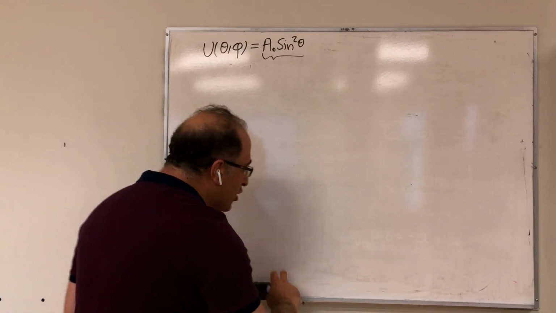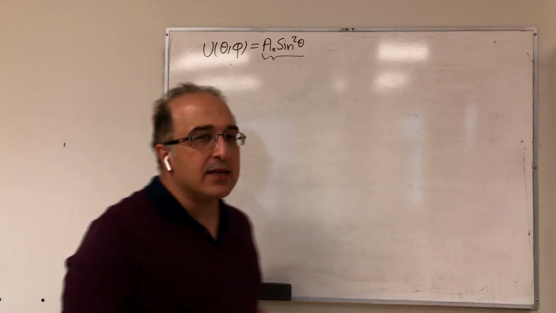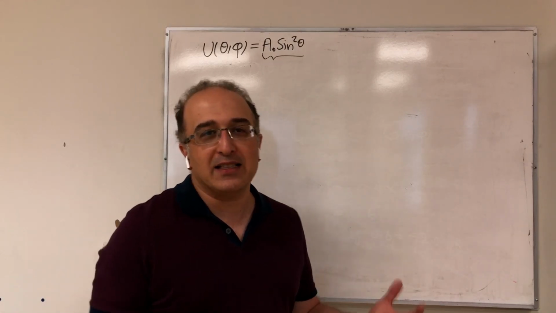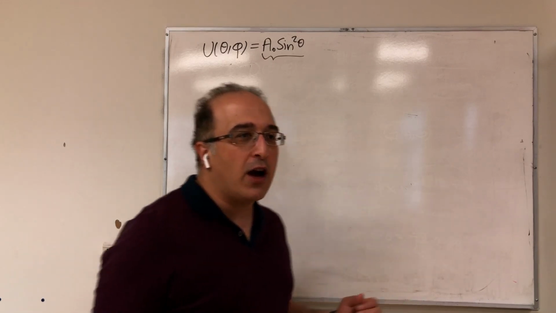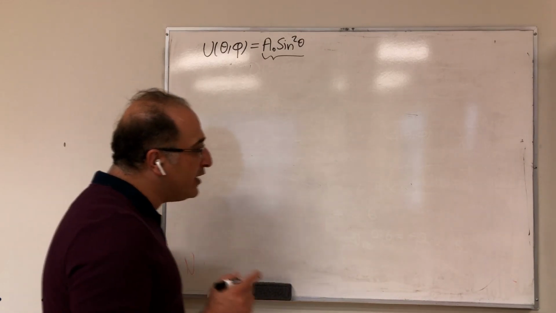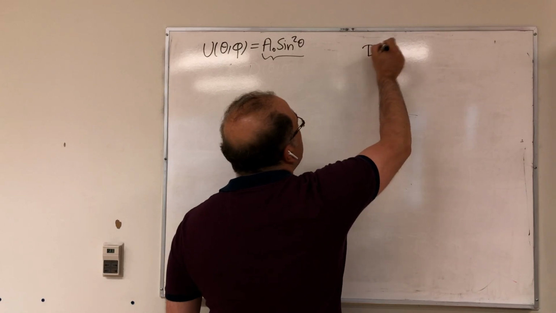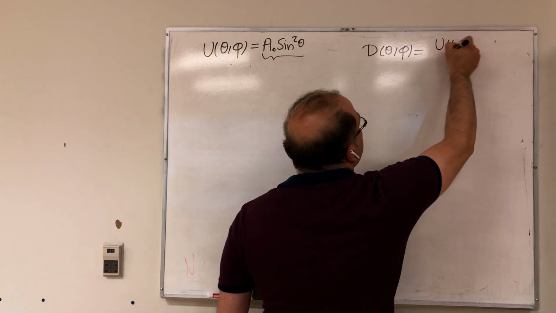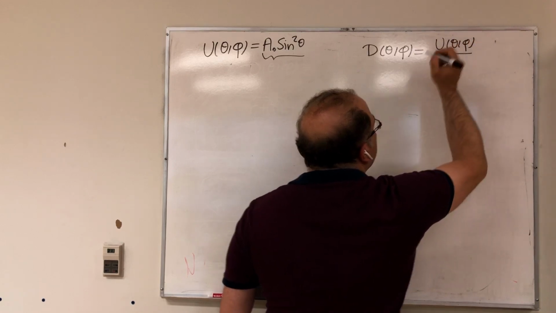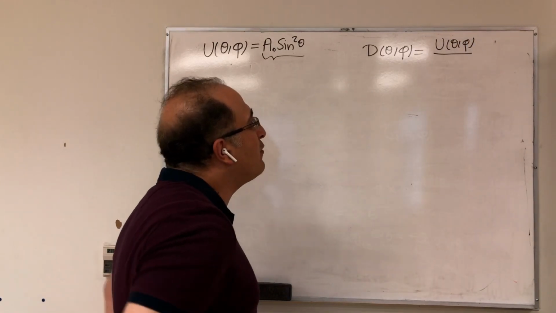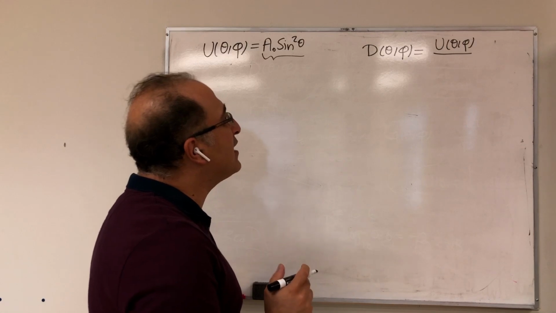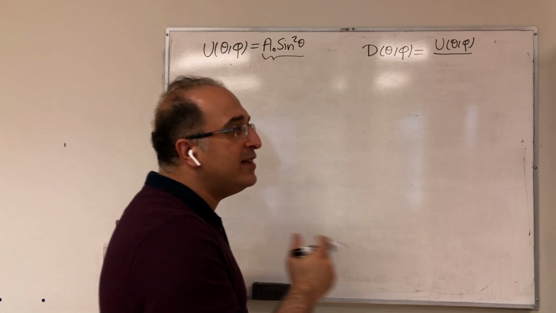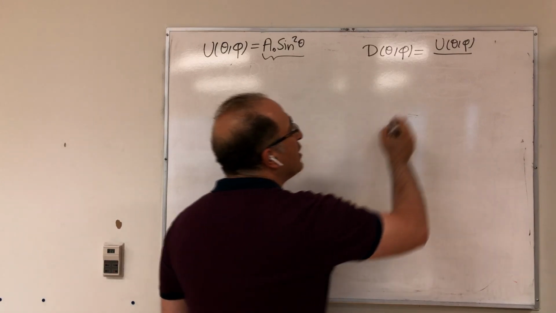But we want to understand how this antenna compares to the hypothetical isotropic antenna. That's the purpose. Now, to do that, I need to go to the definition of directivity. The definition of directivity tells me I need to compare my radiation intensity with the radiation intensity of an isotropic antenna, assuming that the isotropic antenna radiates the total radiated power by the antenna.